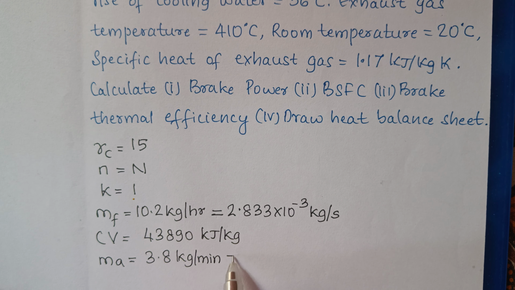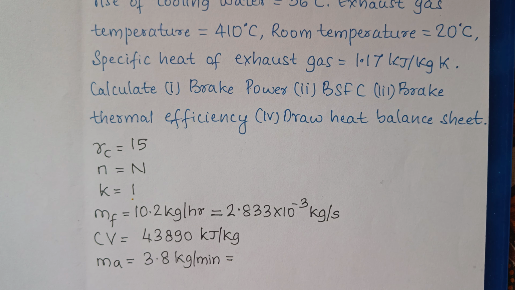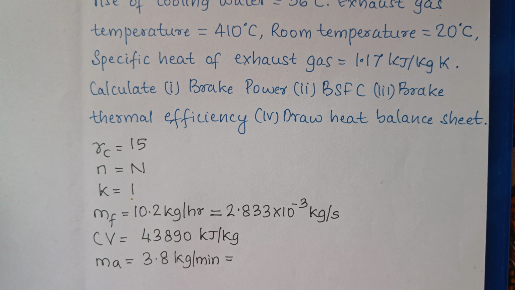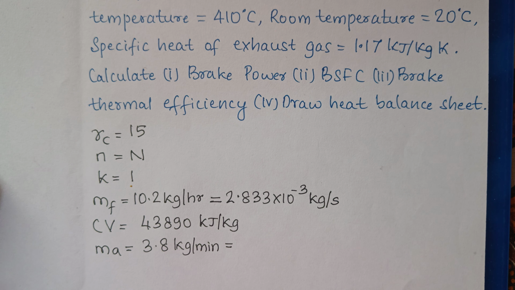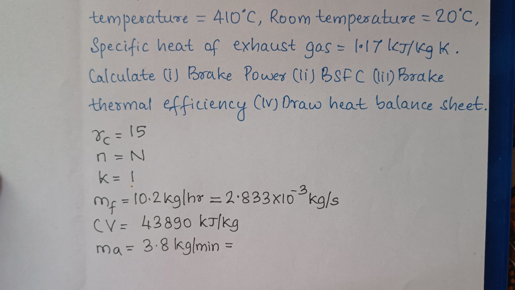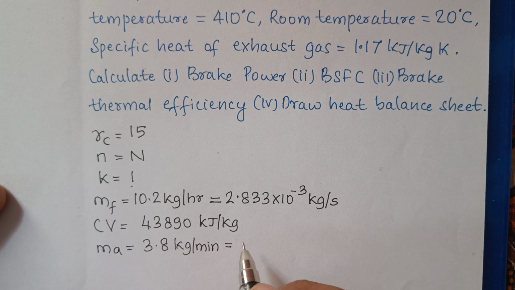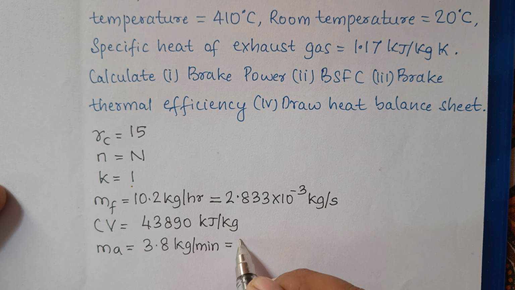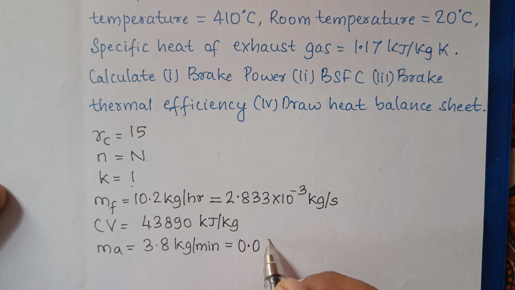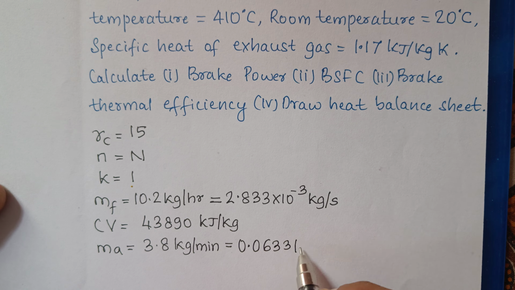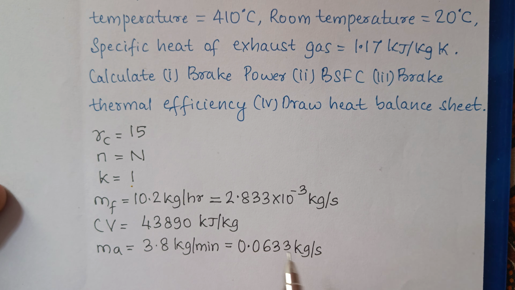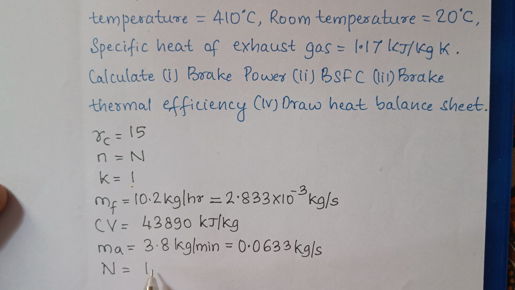So divide this by 60 to convert this into kg per second. So we'll take up that later. Then convert this, that is MA 3.8 kg per minute into kg per second. So you will get the answer as 0.0633 kg per second. Then speed is given n, it is 1900 rpm.